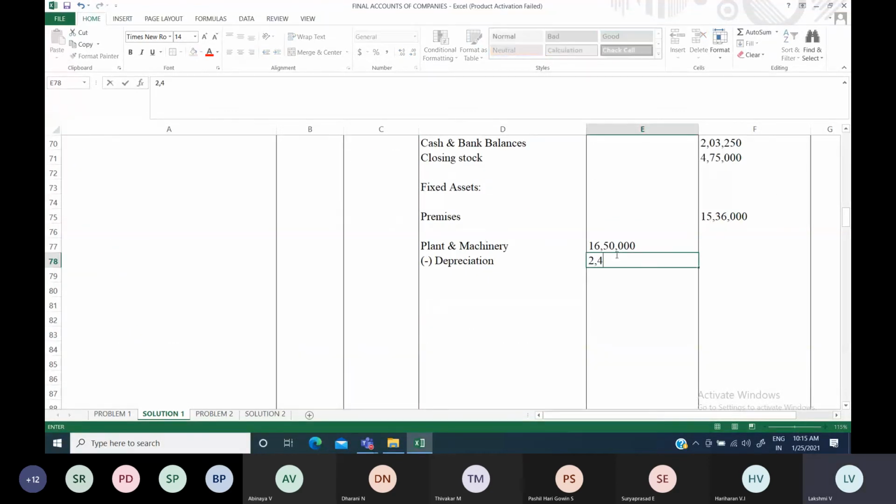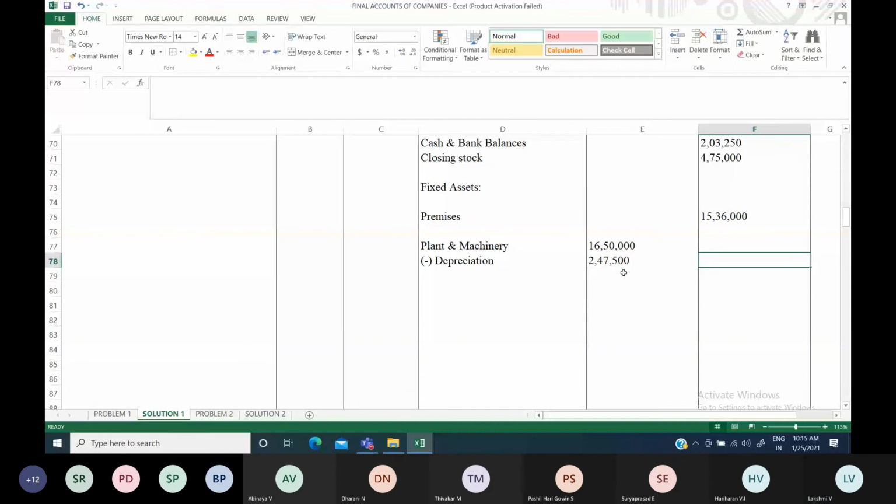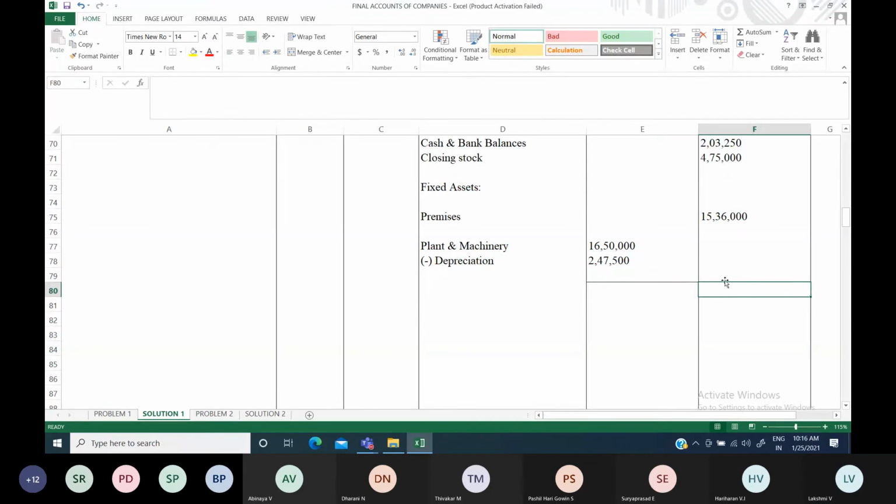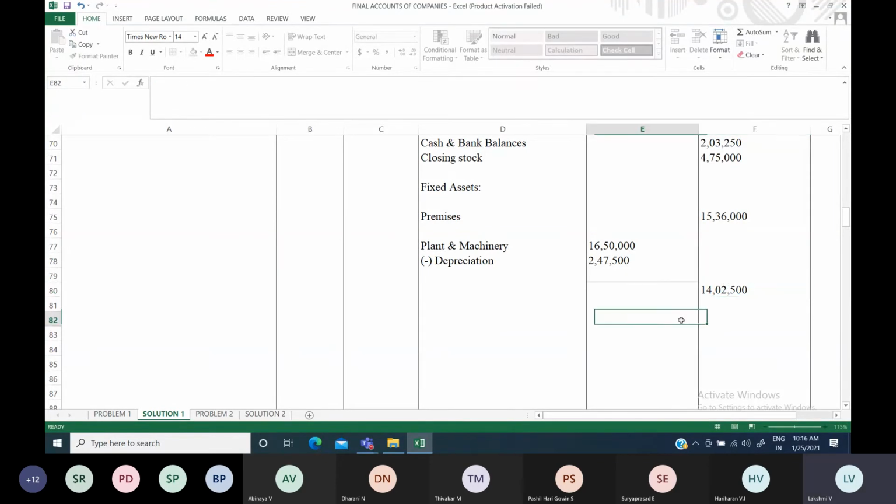Just find out how much you are getting and fill it up here. 16,50,000 minus 2,47,500. I am getting 14,02,500. Just find out whether you are also getting the same amount. 14,02,500. Okay.